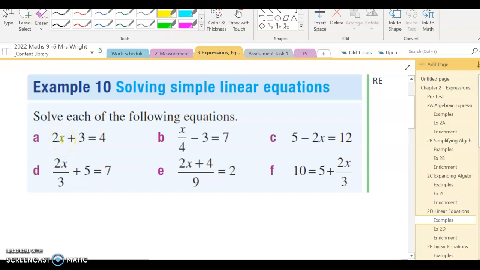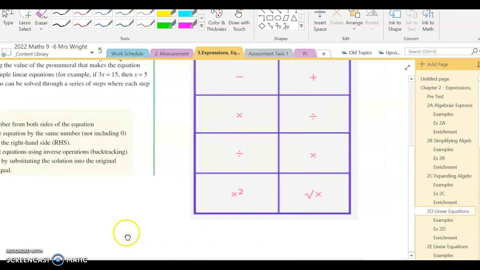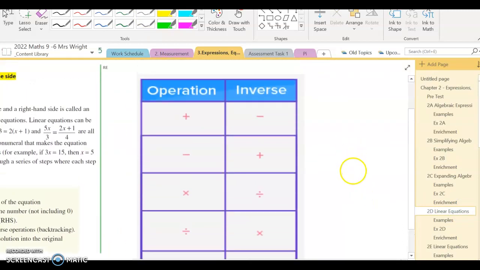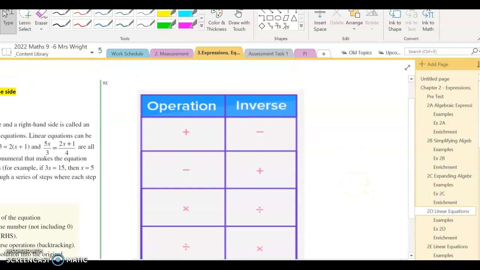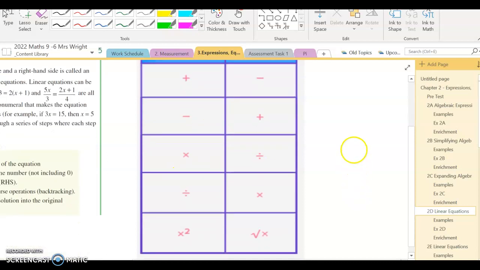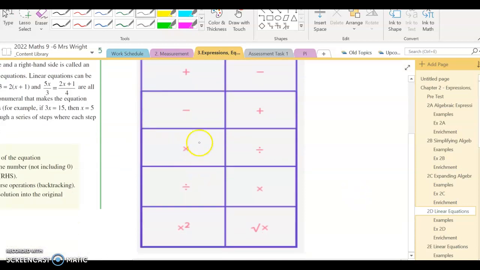We'll start with some simple ones which you've done last year, and we're going to move on to what we call two-step equations. Before we can actually look at those equations, we need to look at some of these operations over here and look at what the opposite of an operation is. So, we know that the opposite of a plus is a minus. We've been doing that for many years now, so the opposite of a minus is a plus. We also need to understand that the opposite of a times is a divide, and a divide is a times.